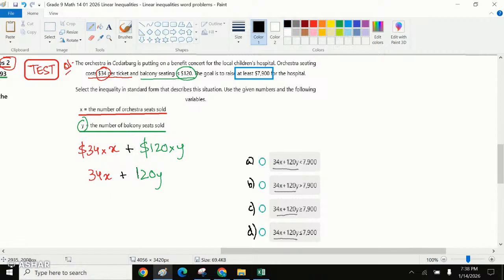So the difference will be with these signs, greater than or equal and less than or equal, right? So we have to look at the second part of the question. It says the goal is to raise at least 7,900.